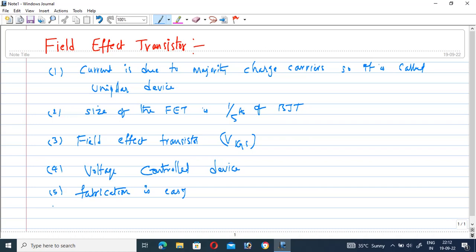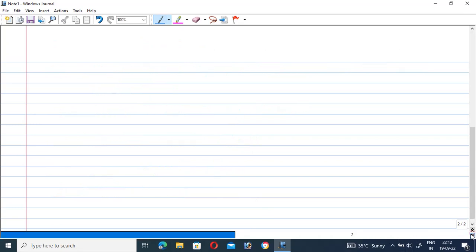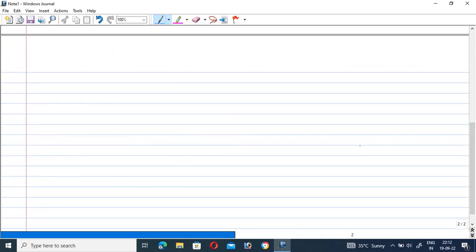So those are some of the reasons why the FET is so popular compared to the BJT. Now let's move deeper into the field effect transistor.